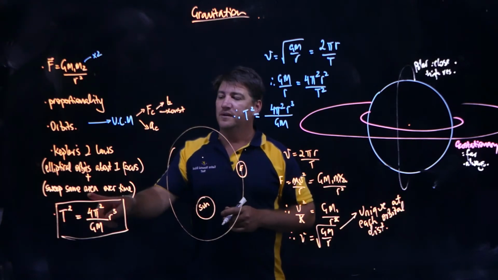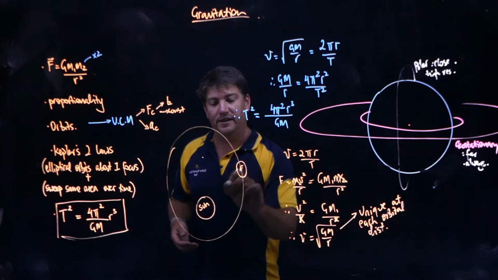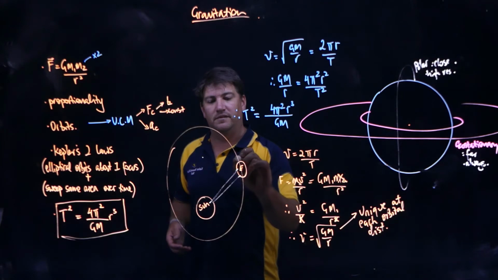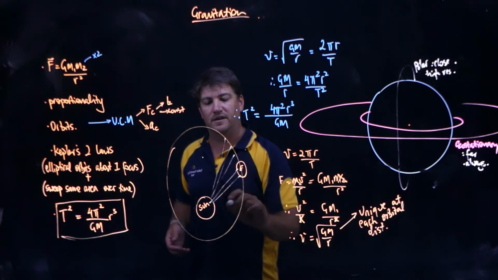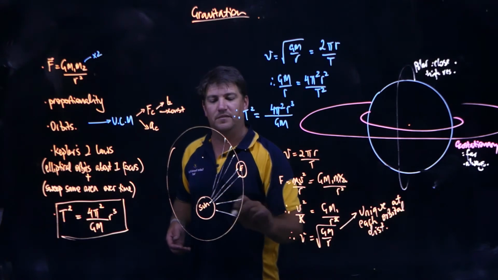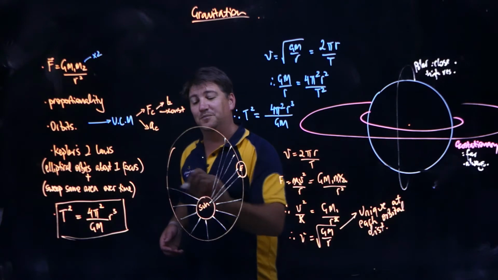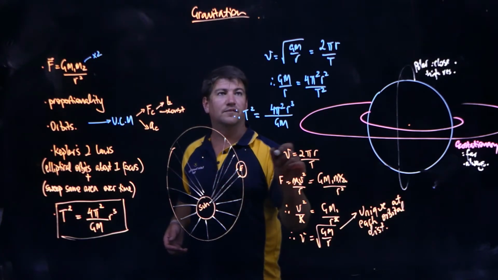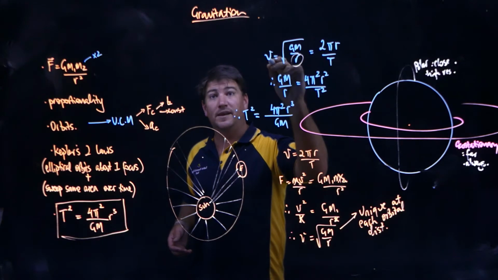The other one is that over a certain amount of time, so let's say a day, if we were to draw a wedge here, and then the next day, and then the next day, and the next day, all of these wedges should be the same area. So as the satellite is further away, as R gets big on the bottom line, V gets slow.